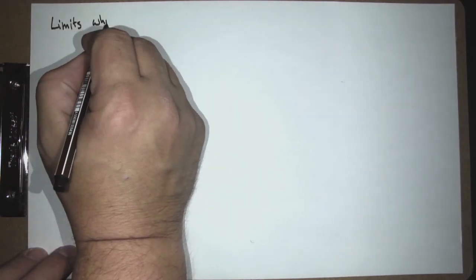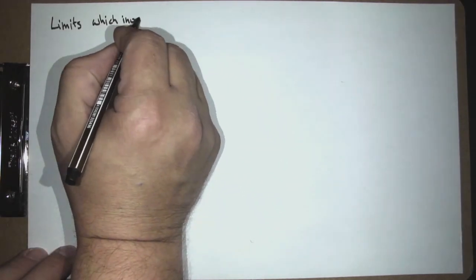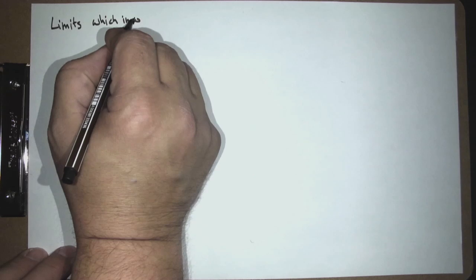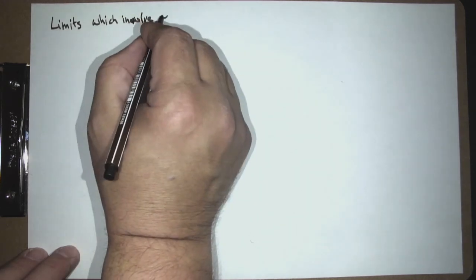Now, we are going to keep using limits for a few more lectures, but the goal for next week is to be like, we don't ever want to see limits again. So we're going to try to say, let's figure out how to do stuff without them. All right, so the last thing to talk about are limits which involve infinity.